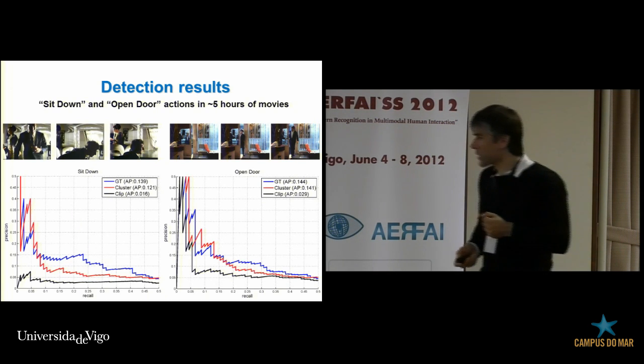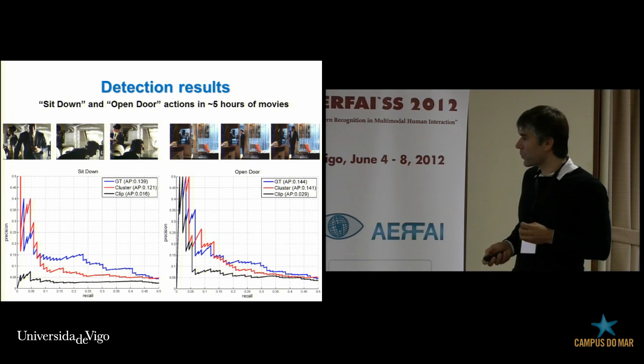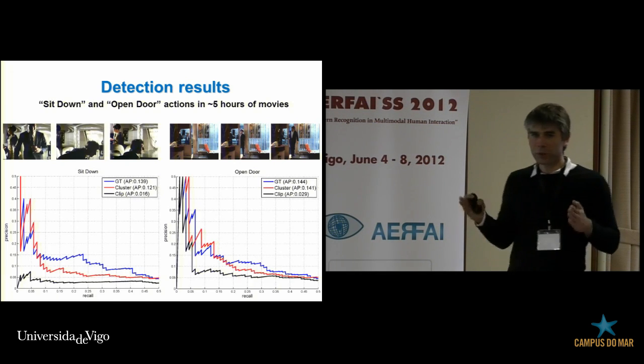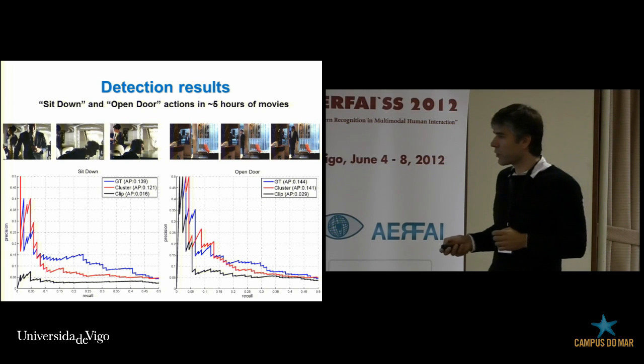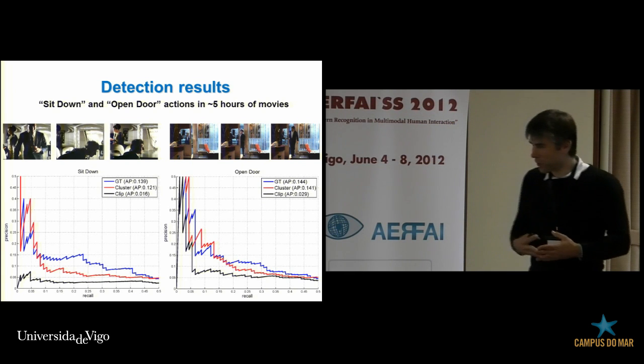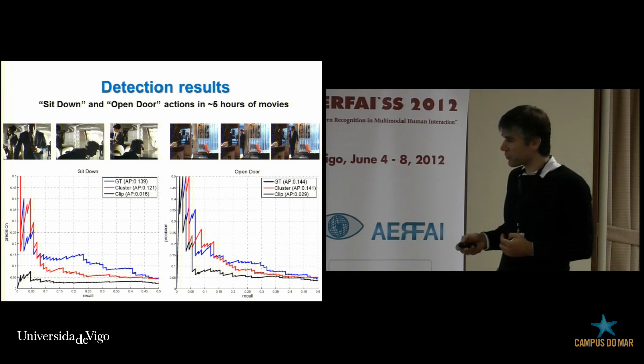And here are more results for other movies. We have the sit down and open door actions. This is the baseline, where we train on the large clip provided by the text, so it's quite low. If we run the automatic clustering method during the training stage and apply the classifier at the test stage, we get the red curve.